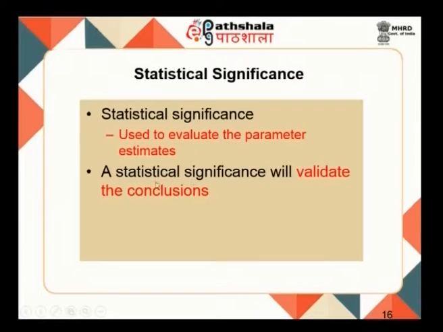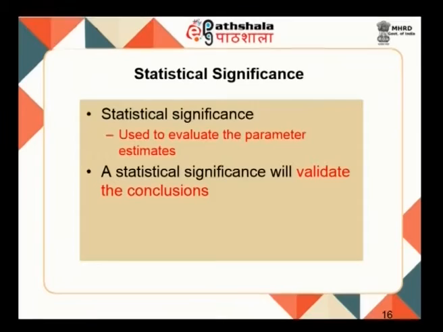Using the statistics of the data we have collected, we can say whether it is significant with respect to the analysis we are going to perform or the problem requirement. Statistical significance will validate the conclusions. Whatever results we get out of any analysis need to be validated, and this validation can happen with the help of statistical significance.